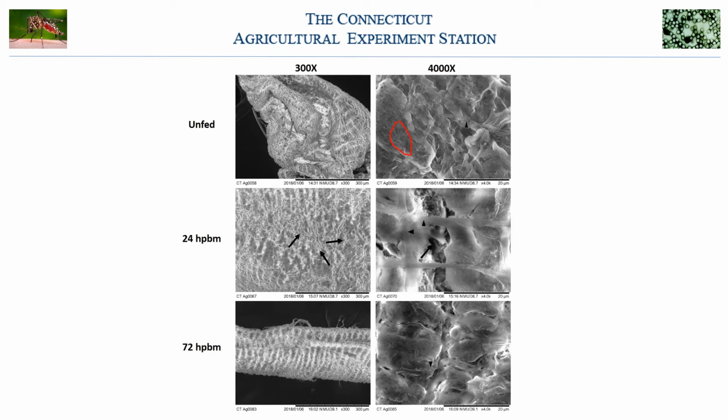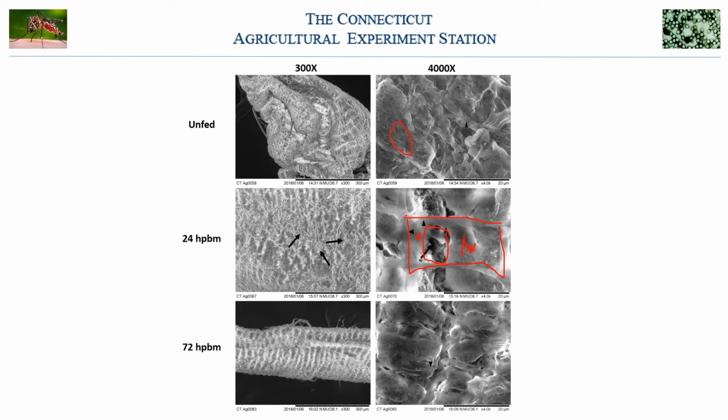However, after a blood meal, we start seeing big cracks forming in the surface of the basal lamina. These represent muscular tissue on the outside, and this is the basal lamina here, and inside there is this big crack.